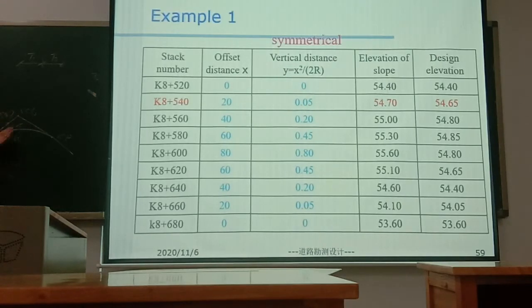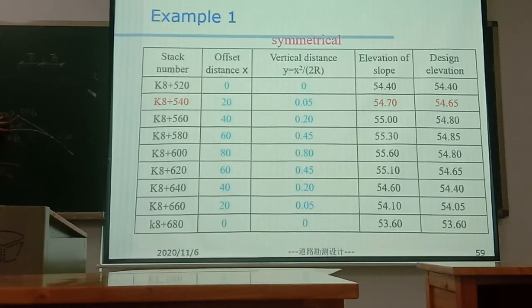How to get this? The distance between the start point and this point is 20 meter. So we can use 20 meter plus 1.5%. So we can get the elevation of this point. And this is the square of x divided by 2r.